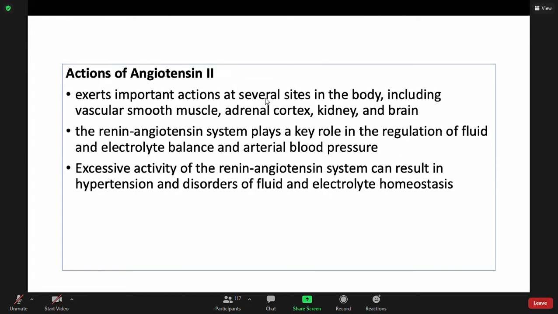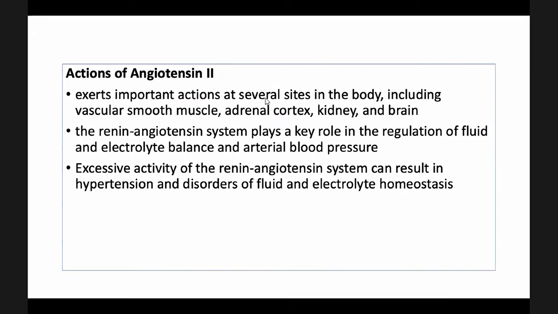Now, angiotensin II exerts important actions at several sites in the body, like the vascular smooth muscle, the adrenal cortex, the kidney, and the brain. So the renin-angiotensin system plays a key role in the regulation of fluid and electrolyte balance and arterial blood pressure.